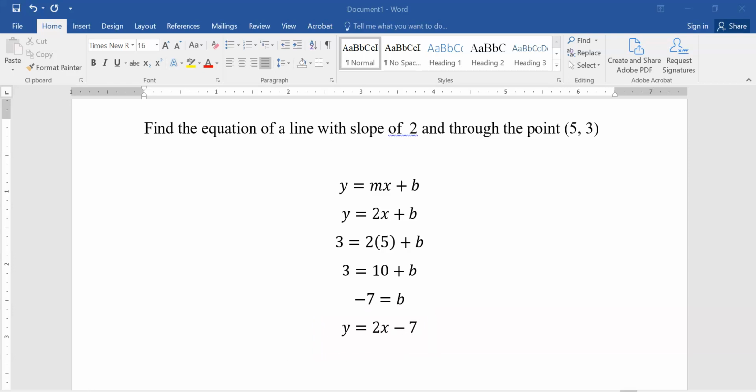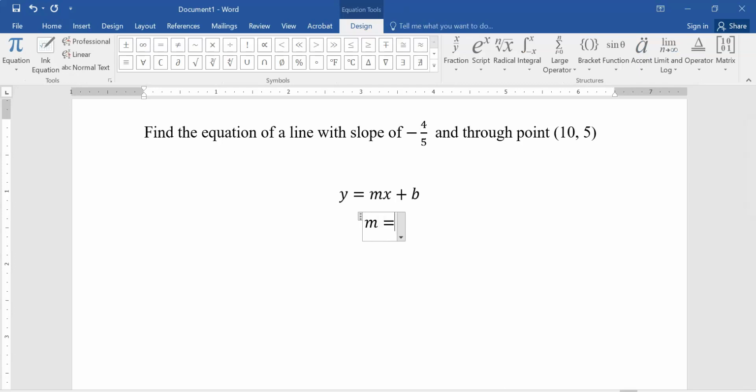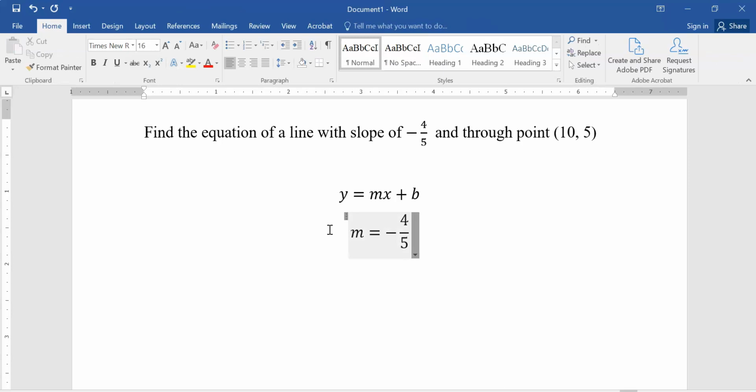Let's do another one. Okay, find the equation of a line with slope of -4/5 and through the point 10 comma 5. So our slope is -4/5. Sometimes I'll write m equals there. That'll come up, that's kind of nice in the next sections where I have to figure out my slope. Here I'm kind of given the slope.